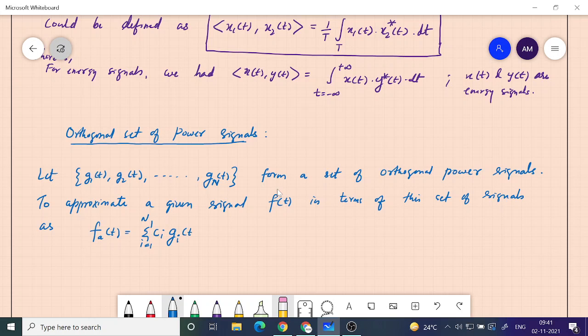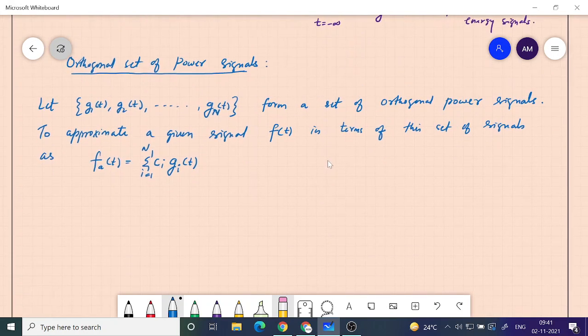This is the expansion we are looking for.